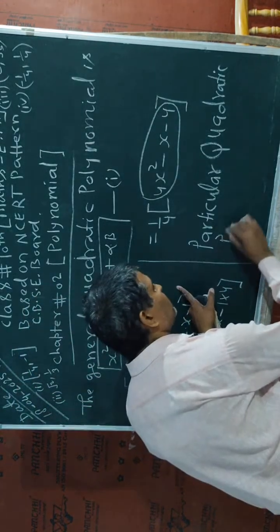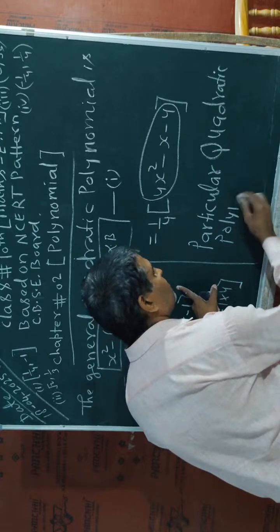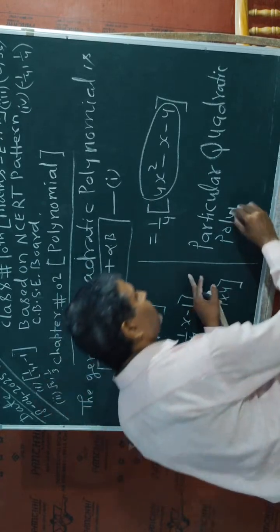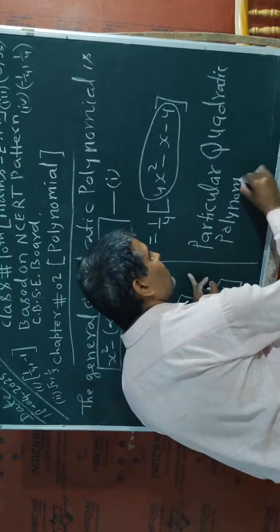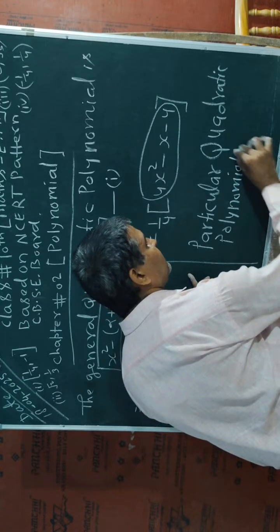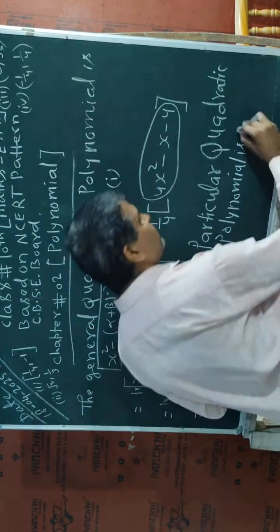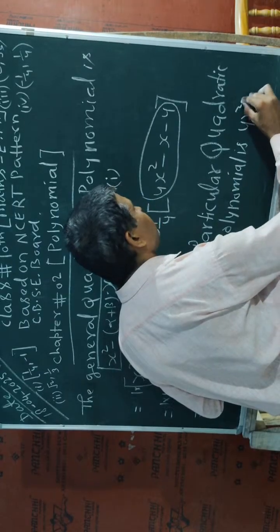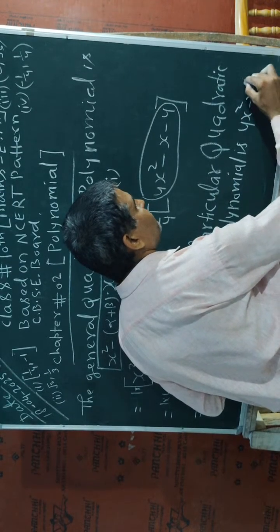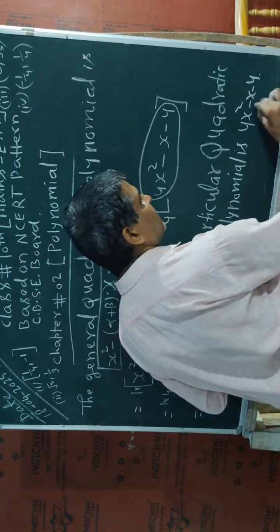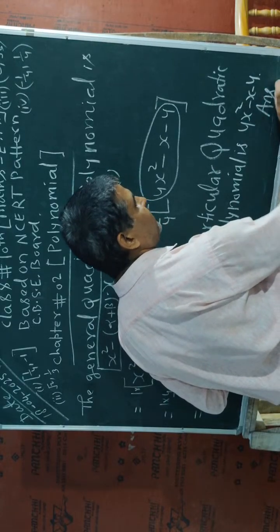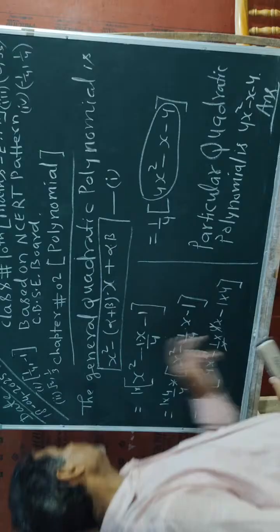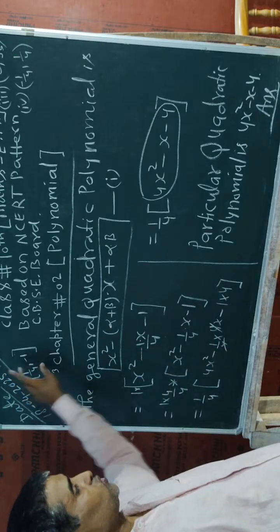The quadratic polynomial is 4x square minus x minus 4. So this is the answer of my given question. So the first question I have solved like this.